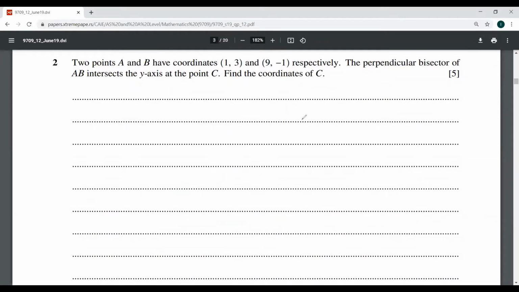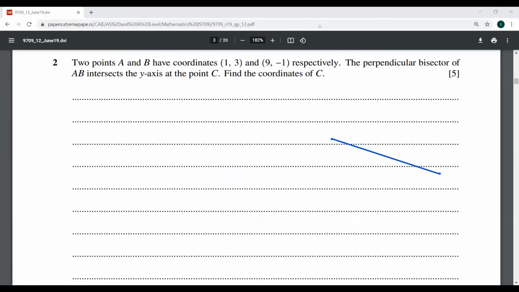And you just have to visualize a bit what is happening here. Now, suppose there is a point A, okay? Here is a point A, and here is the point B over here, okay? And it says the perpendicular bisector. Let me join them together. So it says the perpendicular bisector of AB intersects the y-axis at the point C. Okay, so let me draw a tentative one.